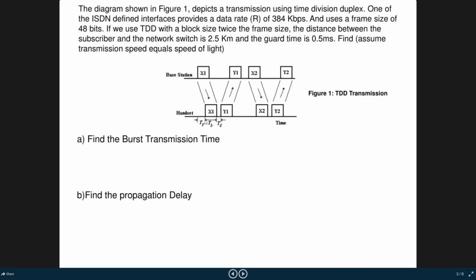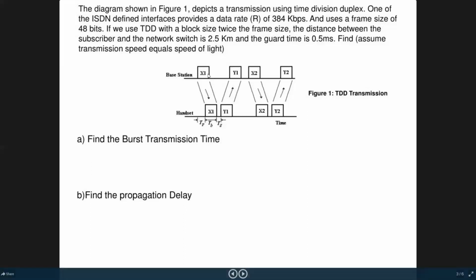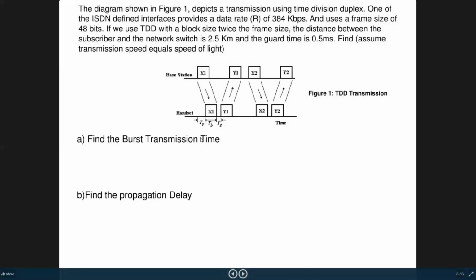So propagation delay is the delay between the signal that is being sent and received. That is the time delay. So propagation time delay is TP, right?